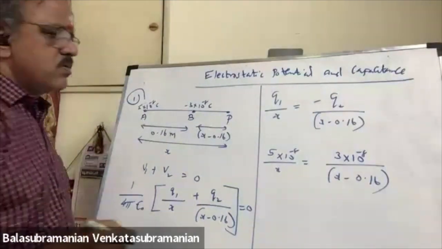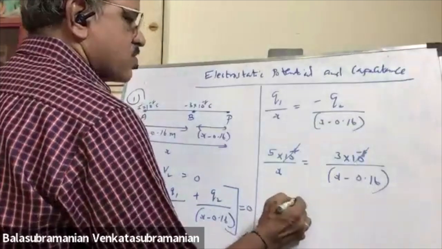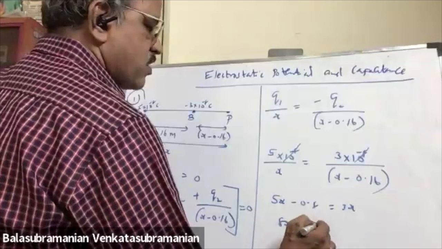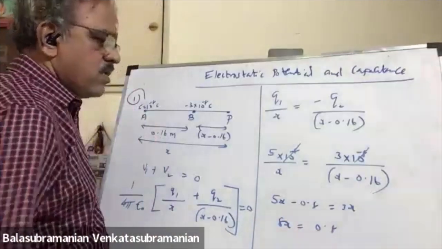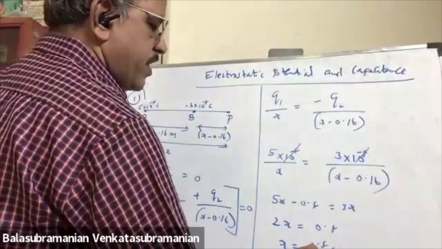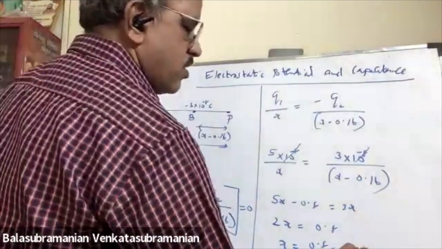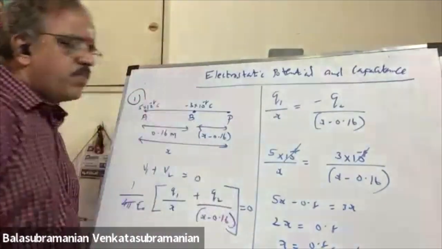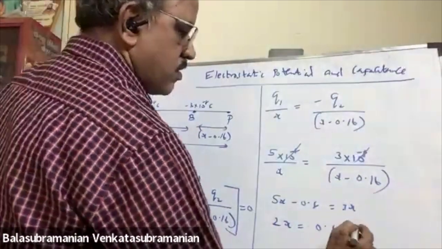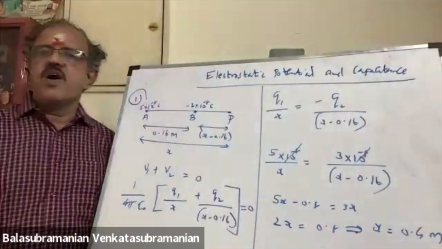Okay, so cancel: 5x minus 0.8 is equal to 3x. No, 5x minus 0.8 equals 3x gives 2x equal to 0.8, so x is equal to 0.8 by 2, that is 0.4 meter or 40 centimeter.